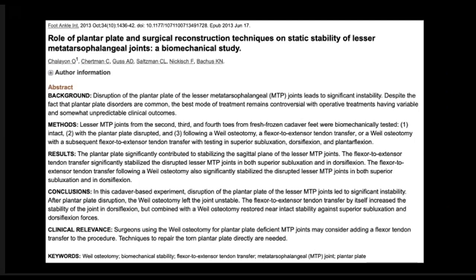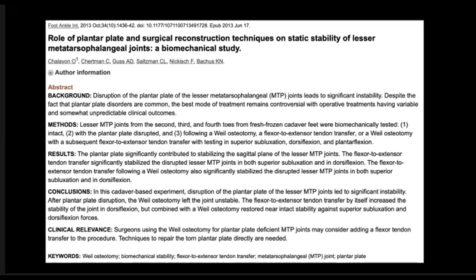So looking at some of the literature, this paper published in Foot and Ankle International in 2013 was looking at instability of disruption of the plantar plate and instability of the MPJ. And the study found that when adding a flexor tendon transfer to any sort of plantar plate pathology, there is a significant amount of stability to the joint.